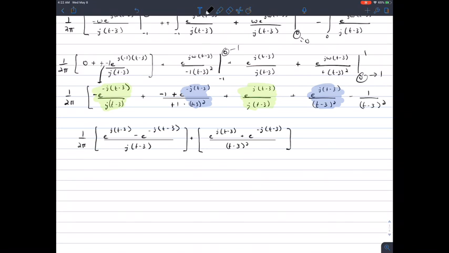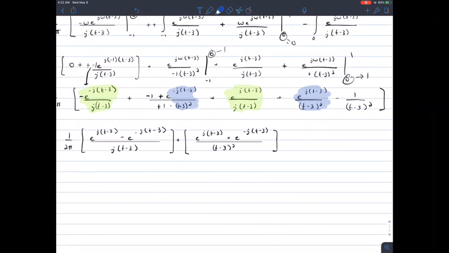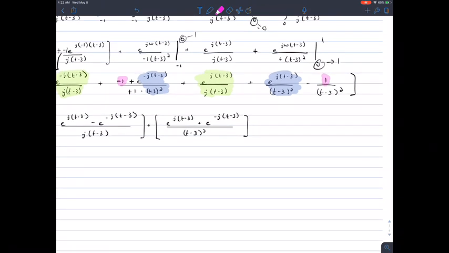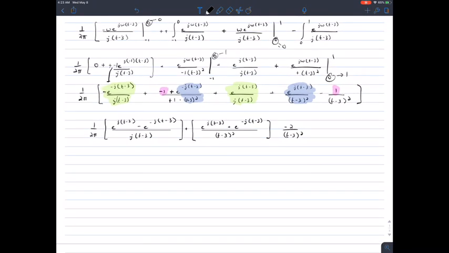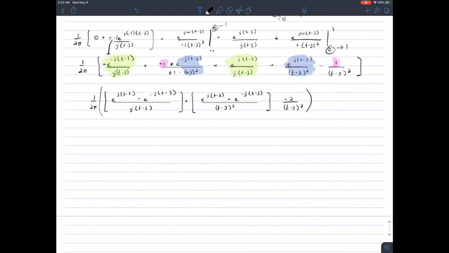Okay. And then our last grouping is our individual ones, which both also have the same denominator and they're both negative 1. So minus 2 over (t minus 3) squared. Okay? And this is all multiplied by 1 over 2 pi. I'll do the brackets just so you don't get confused. Okay? So, it's looking better now.